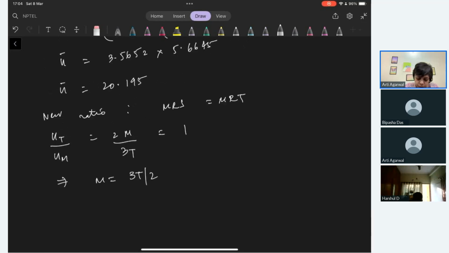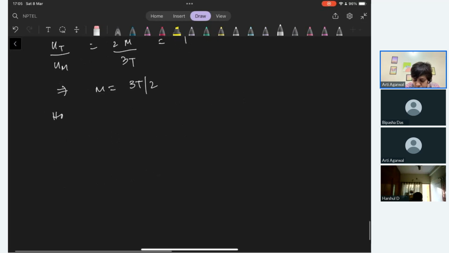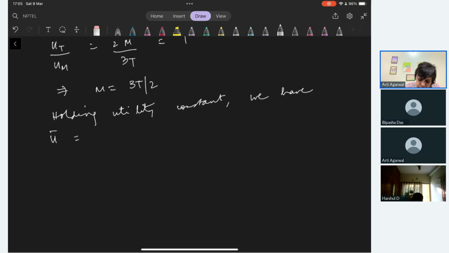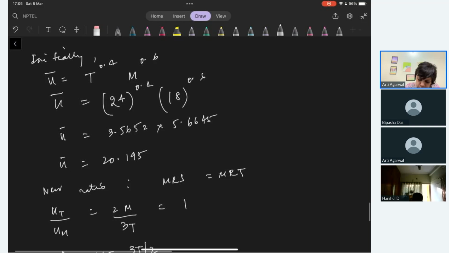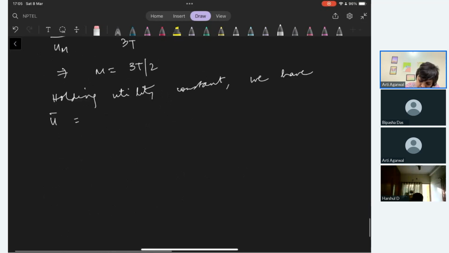Now in the new expression holding utility constant, we have U bar is equal to T to the 0.4, and M is 3T by 2 to the 0.6.